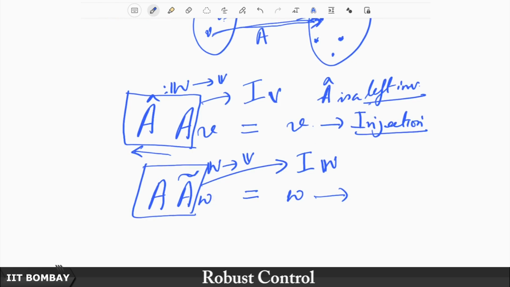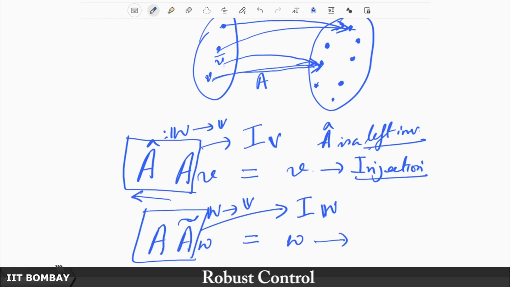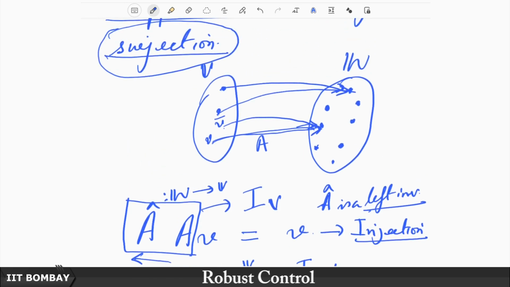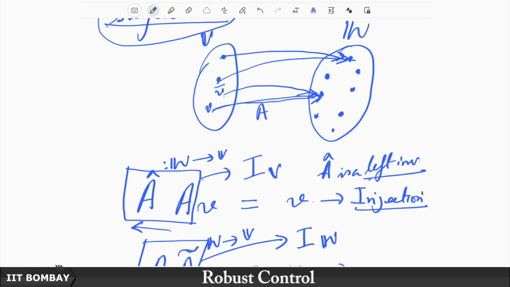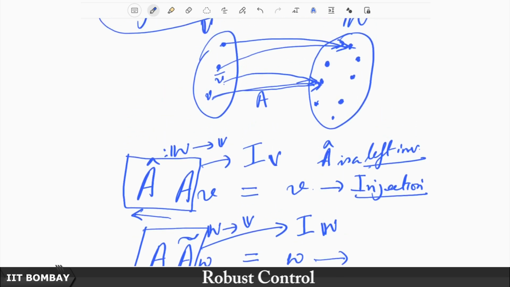It means that every point in this vector space W has a pre-image in V. So let me do something. Let me just say whatever that pre-image is, let me define this A tilde to be such that it will take me back to that pre-image, right?